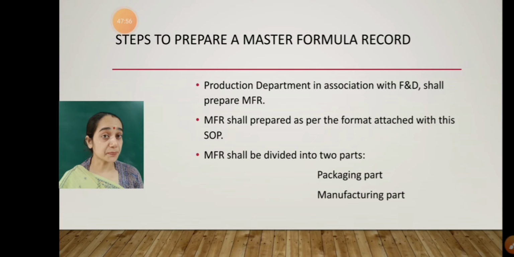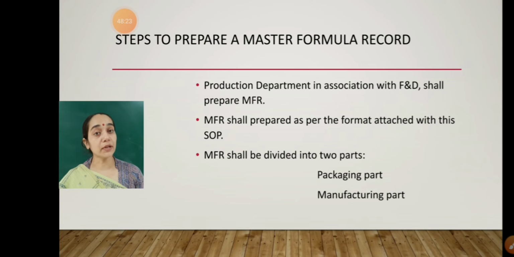It means for its preparation also there are SOPs, which say how it should be written and whether it is in that particular format or not. The master formula record will be in two parts: one part will be the packaging part and the other will be the manufacturing part.